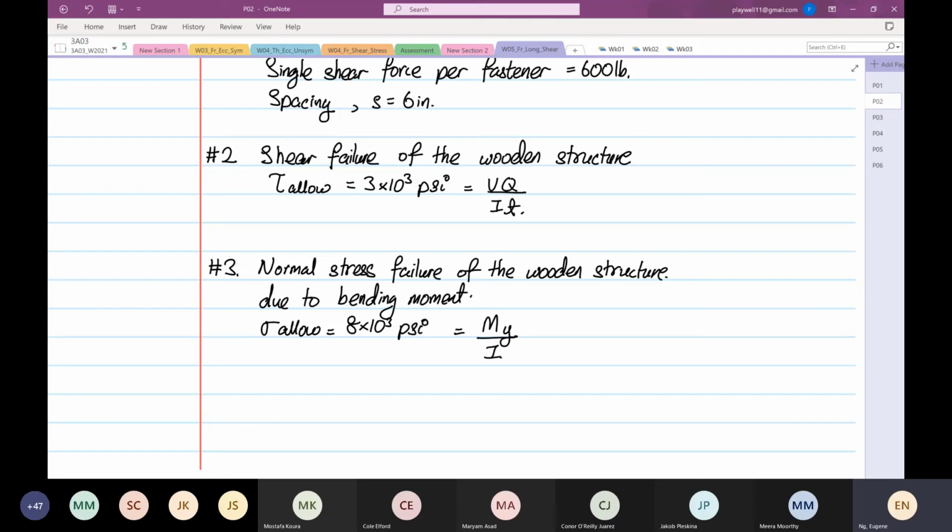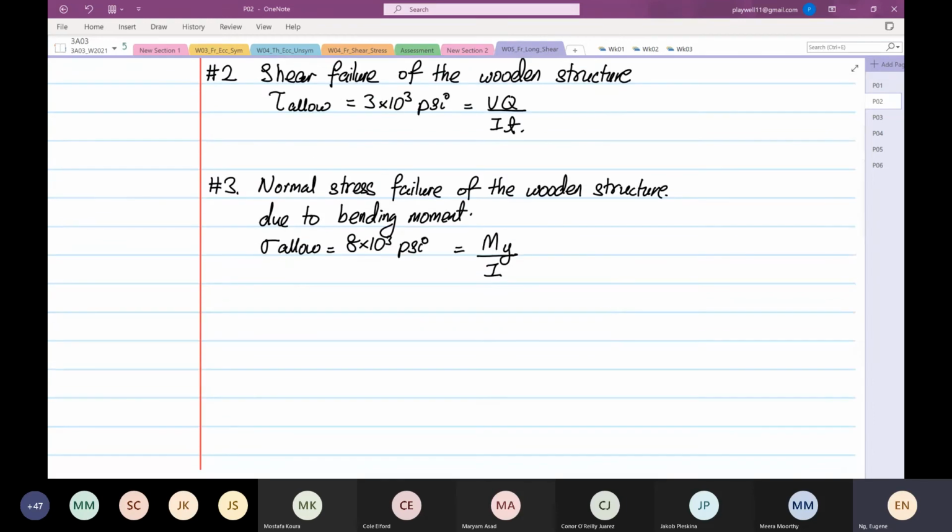Okay, right. So now we are going to do mode 1 of failure. But before that, the question asks us to determine P. So we are going to go into mode 1 of failure.